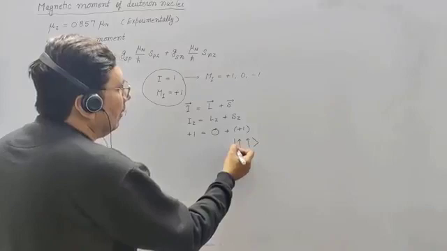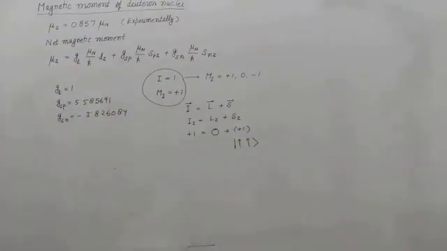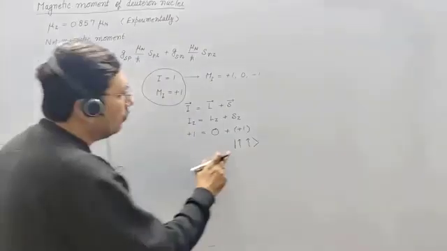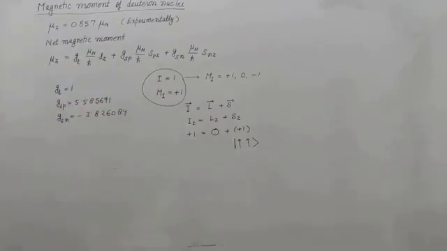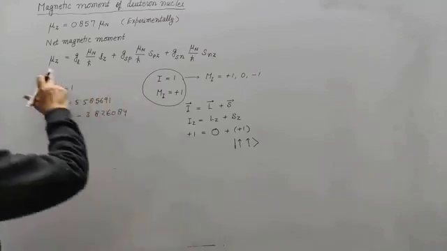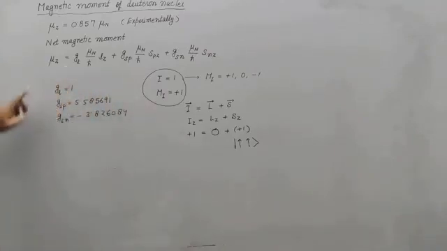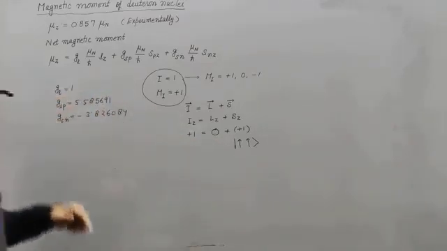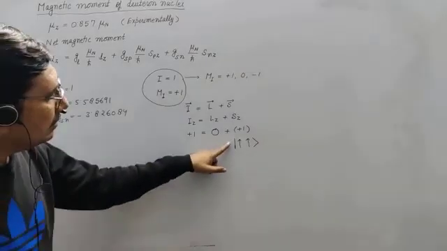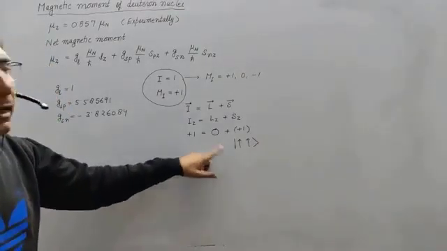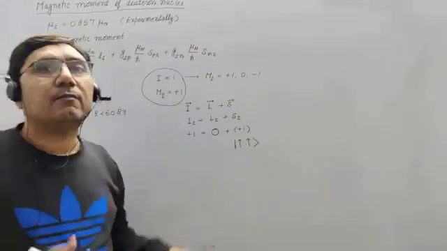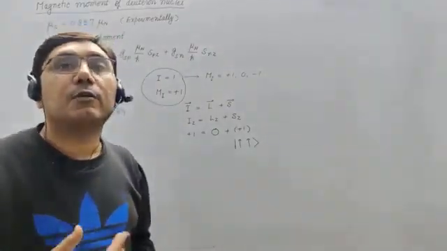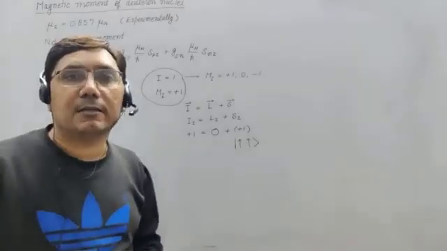So basically, when we measure the value of magnetic moment, we are finding the maximum value of mu z corresponding to this state. Now operate this state over this mu z. When we operate mu z over this eigenfunction, we are going to find the average value or the expectation value.